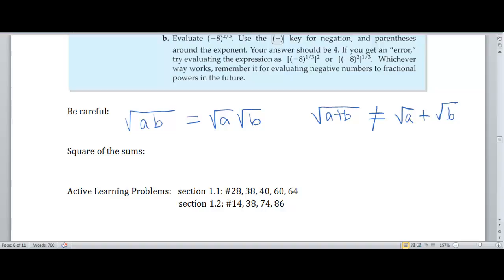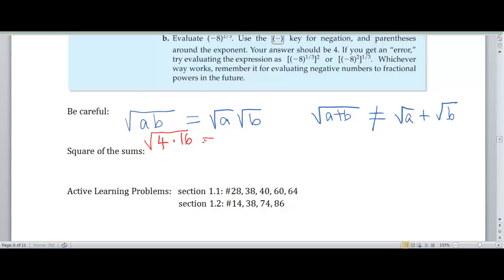Okay, let me just give you a simple example. Let's say the square root of 4 times 16.